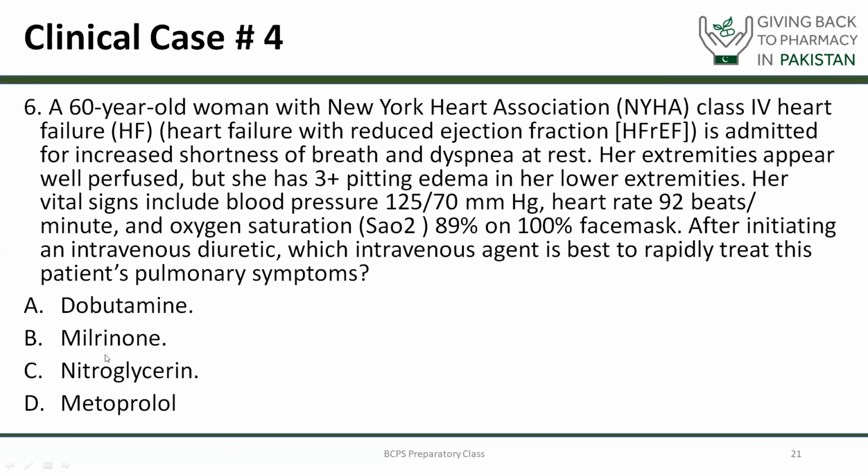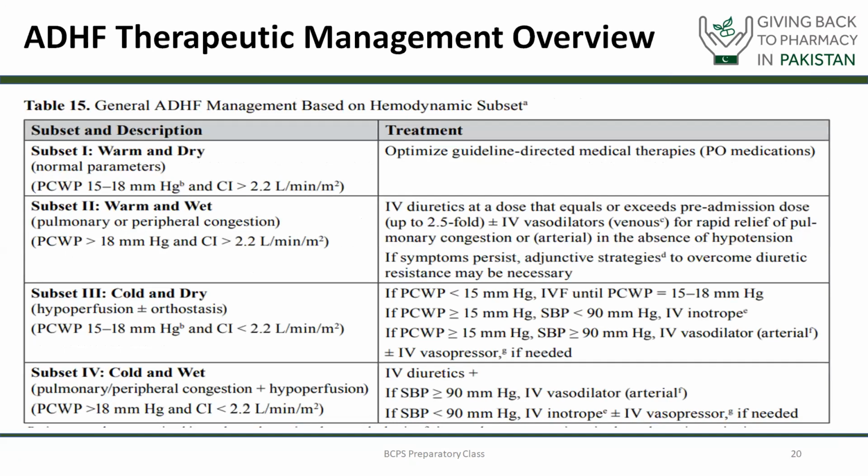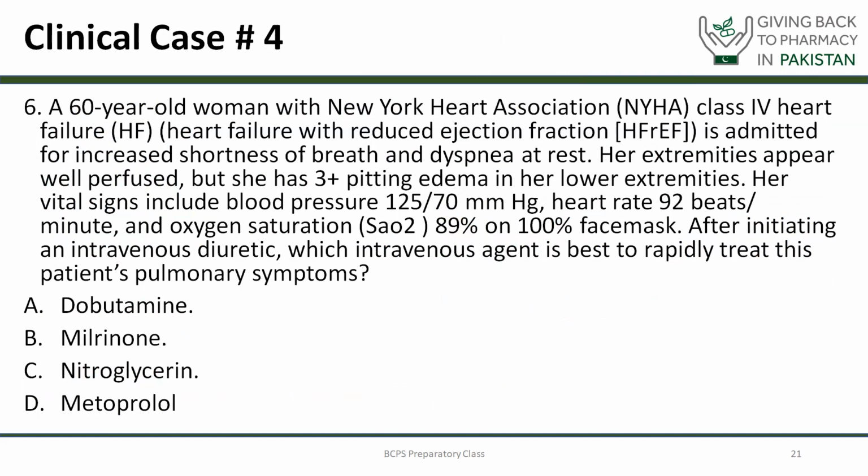So the correct answer should be nitroglycerin, so that it will dilate the blood vessels and will switch the volume. This is basically coming in the warm and wet category, because this one is well perfused, is warm, and it has more than the required volume, so it is wet.